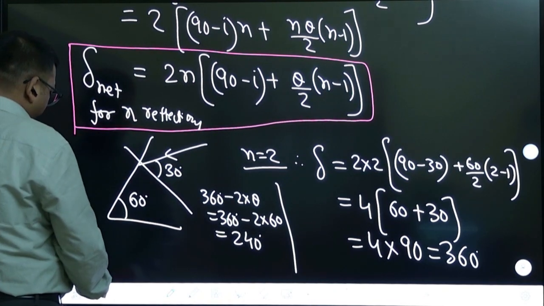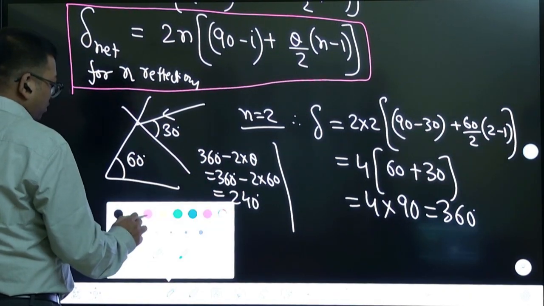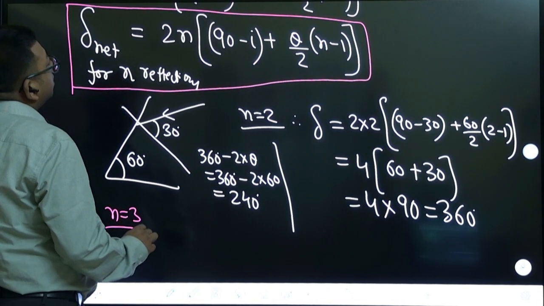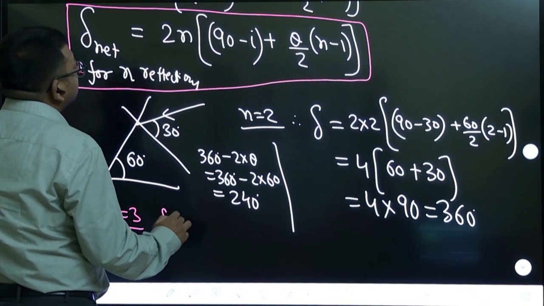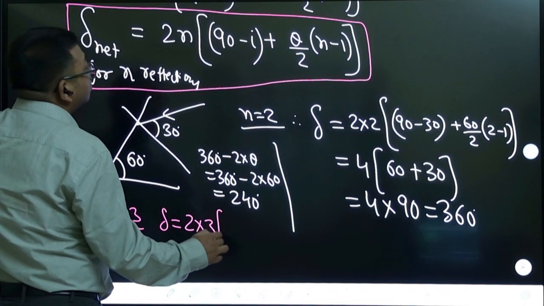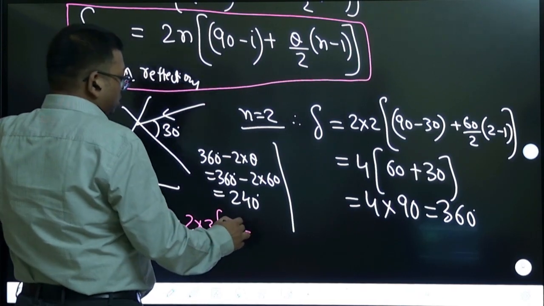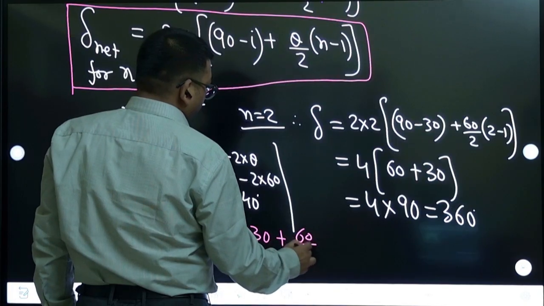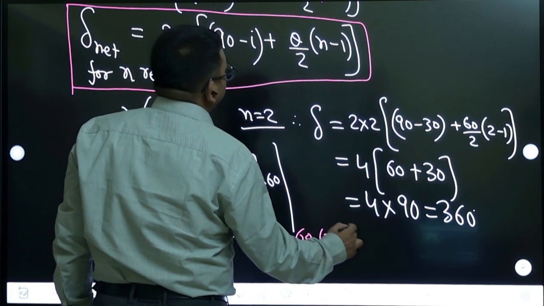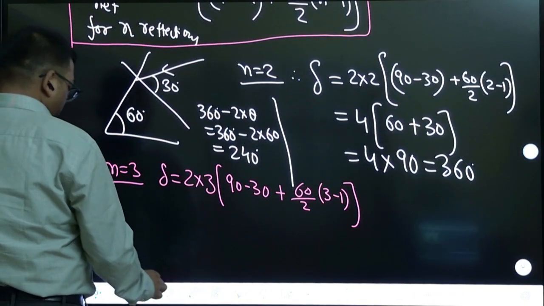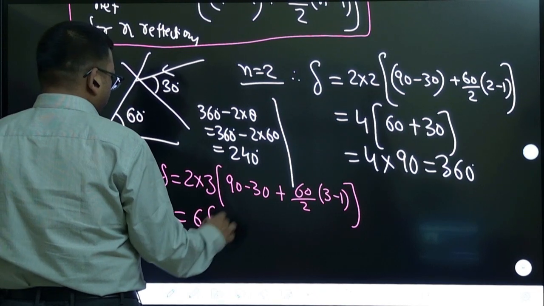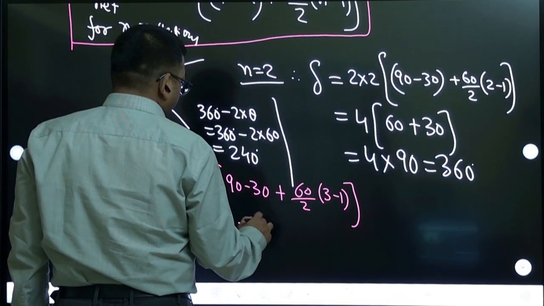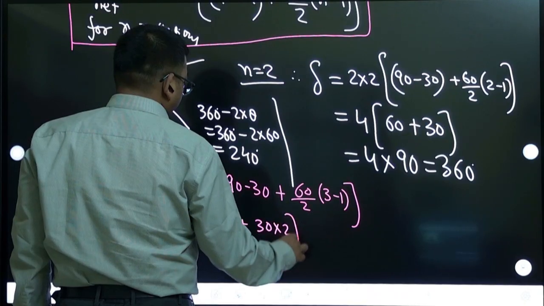Suppose you take three reflections here, check what it is giving. If I put n equal to 3, then what will happen? Deviation will be 2 into 3, 90 minus 30, plus theta by 2, 60 by 2, 3 minus 1. Check this. 6, this becomes 60, plus this becomes 30 into 2.